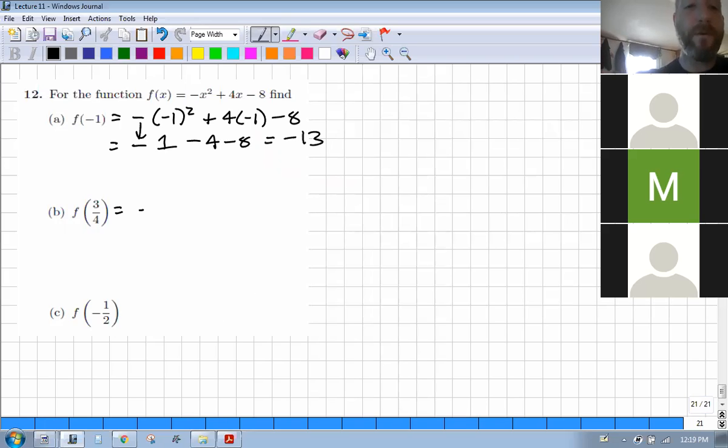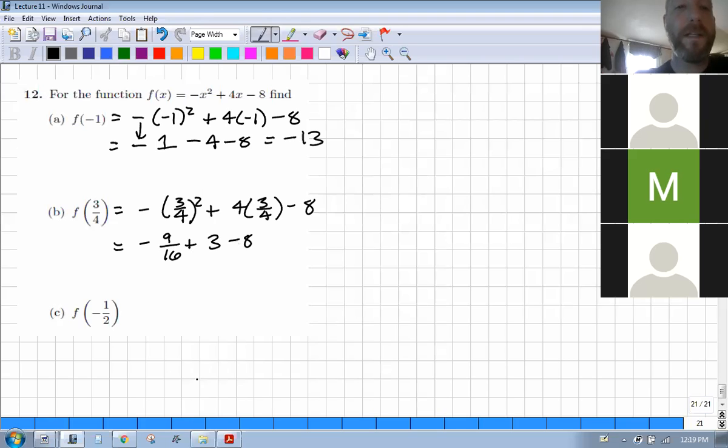F of 3/4. Replace x with 3/4. So 3 squared is 9, 4 squared is 16. All right, now I need a common denominator, right?